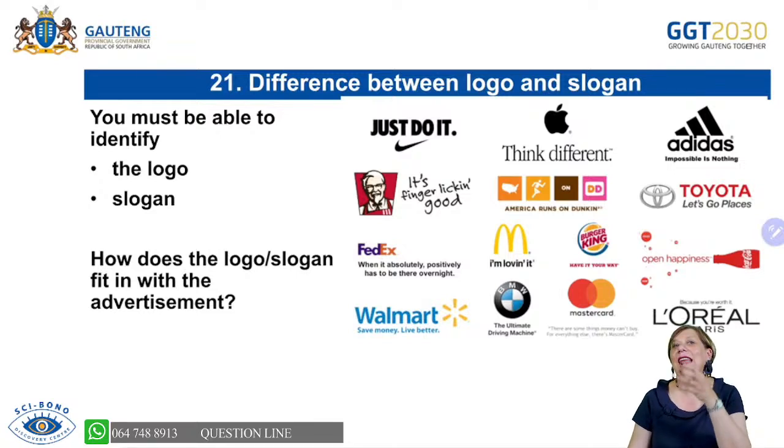In other words, what's the connection between the logo and the slogan and the advertisement? So, for instance, let's do the famous Nike, just do it. Obviously, it's about starting now, doing it now. So you have to make that link between the logo and the slogan with your advertisement. So not only are you looking at the words and the pictures, but you're also making the connection between the logo and the slogan. Let's look at one.